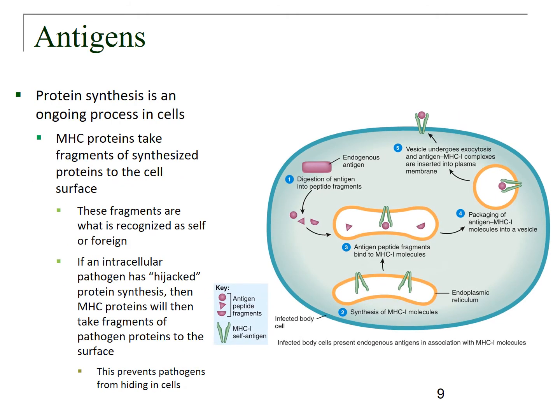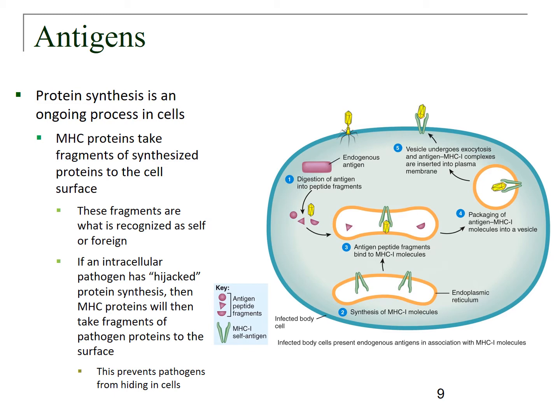Again, the MHC proteins are taken to the cell surface. Now, if an intracellular pathogen, such as a virus, has hijacked protein synthesis, let's take a look at what happens here. The virus infects, and the cell starts producing viral proteins in addition to the endogenous antigens.